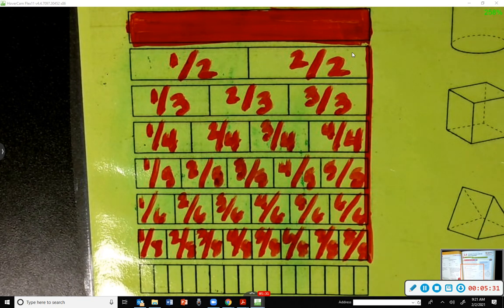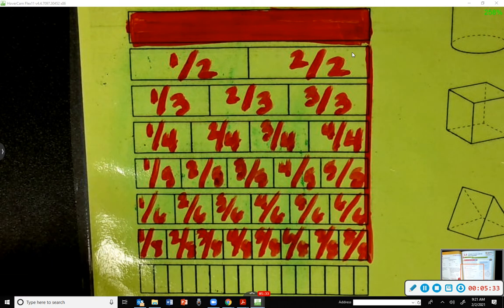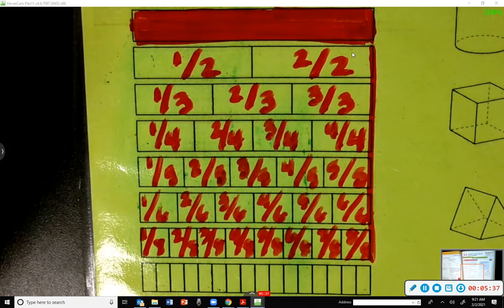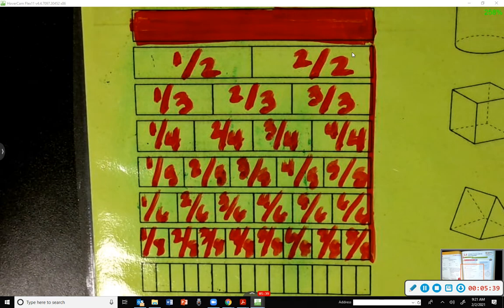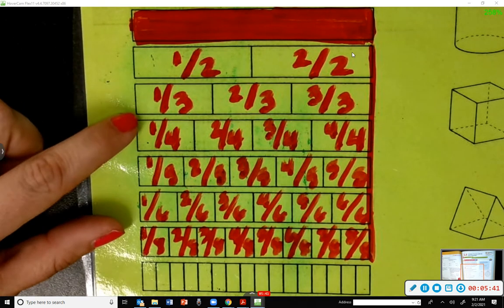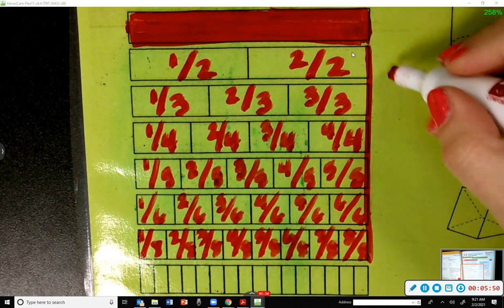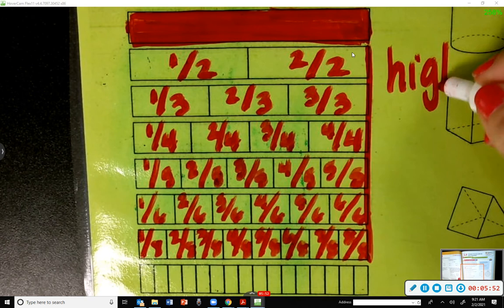Okay, yes, it does do that, but the reason this piece is bigger is because it's only cut into 2 pieces, right? As you get lower, the more pieces you cut it into, the smaller they get, right? Yep. So what that means is, so the higher denominator actually means the pieces are what?